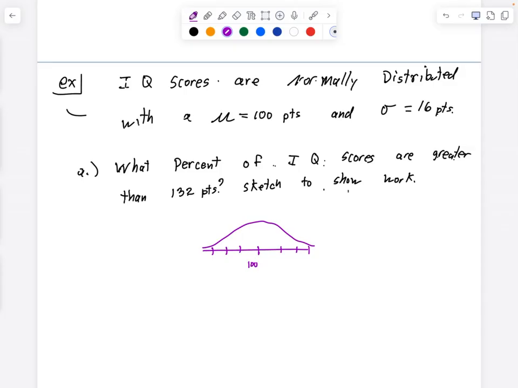Sketch to show. What percent is between 84 and 148?